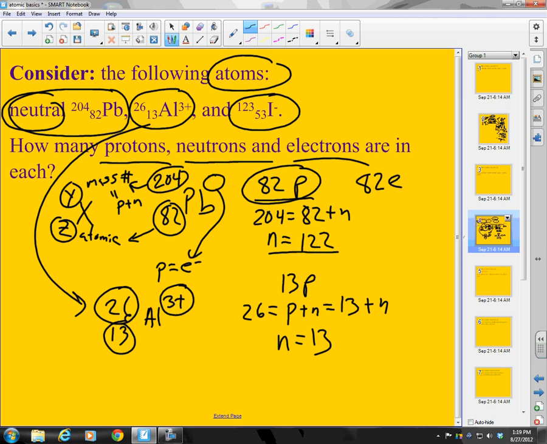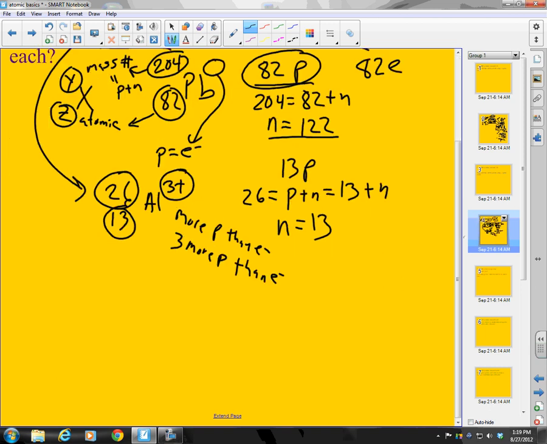It's plus, so I have more protons than electrons. 3 means I have 3 more protons than electrons. I have 13 protons and 3 more protons than electrons, so I must have 10 electrons. So I have 10 electrons, 13 protons, and 13 neutrons.